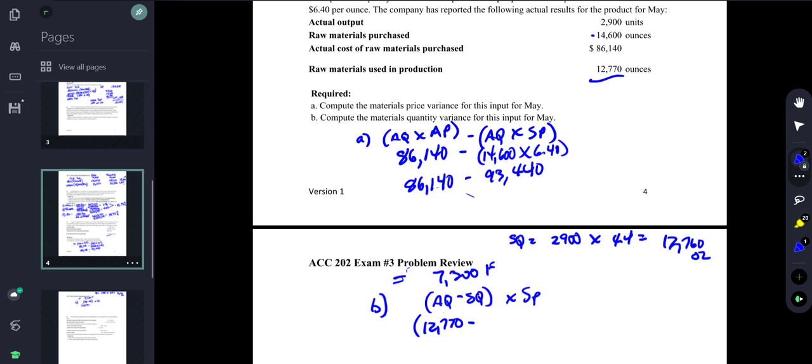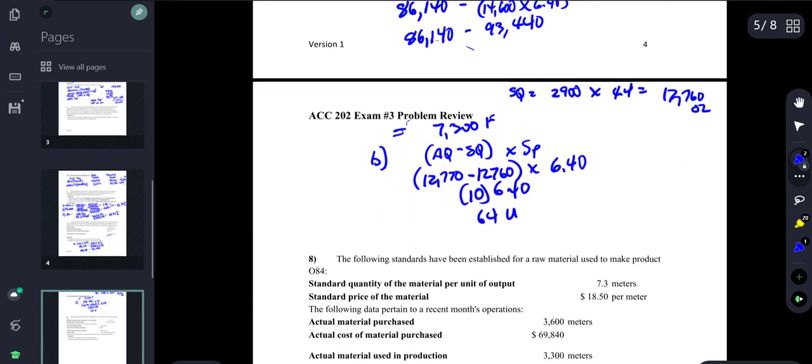So 12,770 minus 12,760 times standard price, which is $6.40 an ounce. So we have 10 times 640, or $64 as an unfavorable variance. And this is because the actual quantity is higher than the standard quantity.